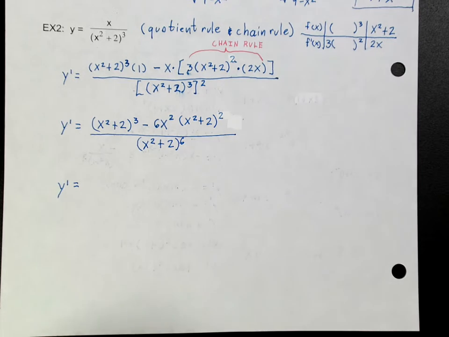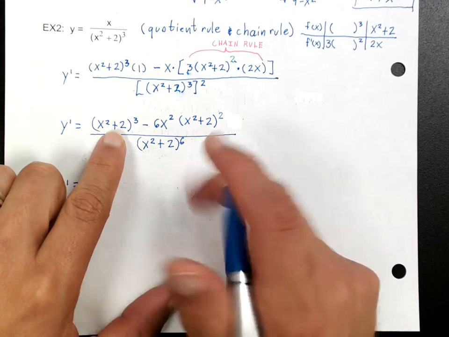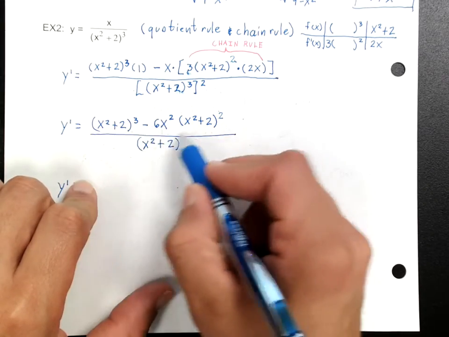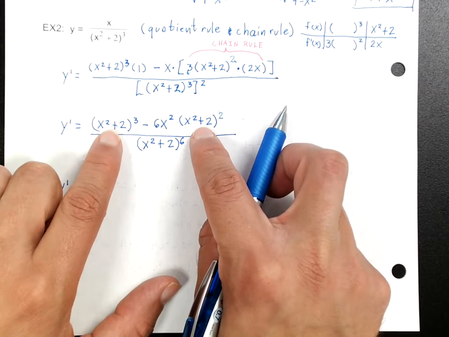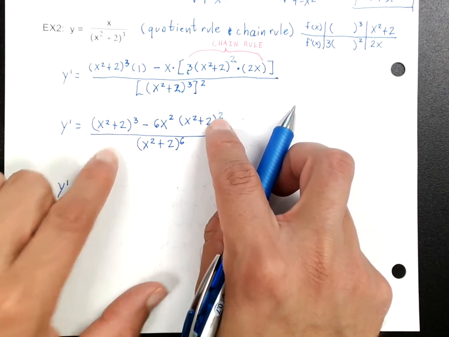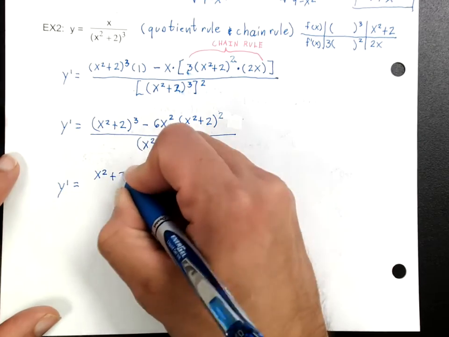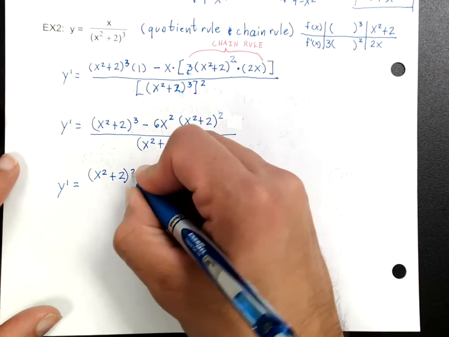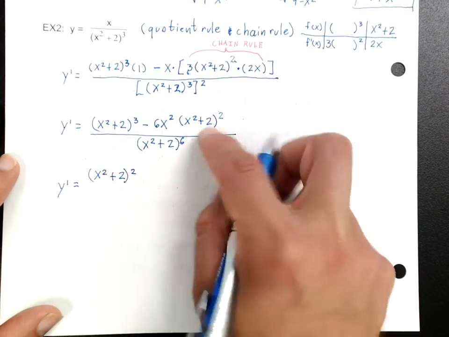So right here, there's one more thing I can do. I can actually factor, right? Notice that this is one term right here, and this is another term. What do they have in common? What I have in common is the x squared plus 2 squared. So I'm going to factor an x squared plus 2 squared out of this, which is one term, and out of this, which is the second term.